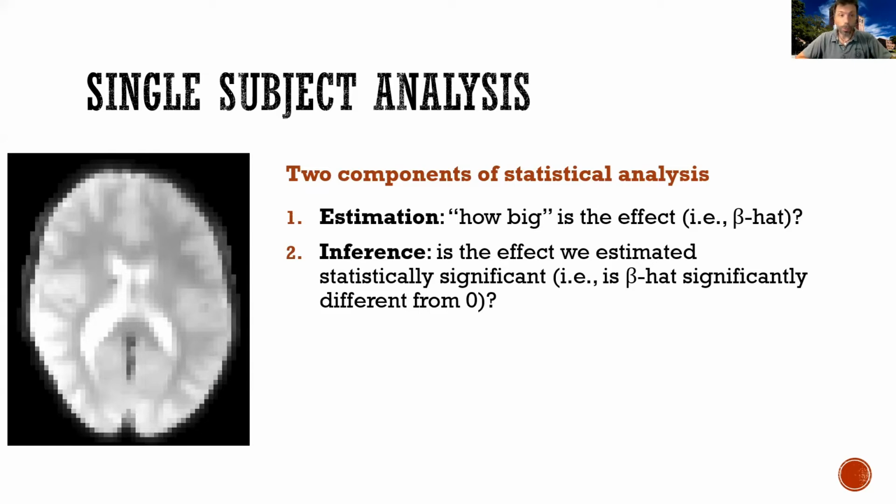Typically, we're all used to doing, for example, a GLM and then a t-test on the parameters. This is sort of the most conventional thing you could do, and it is what we will be doing in this course. However, keeping in mind that these two are separate things means that you could do a GLM first, and then you could do a nonparametric test for the inference.